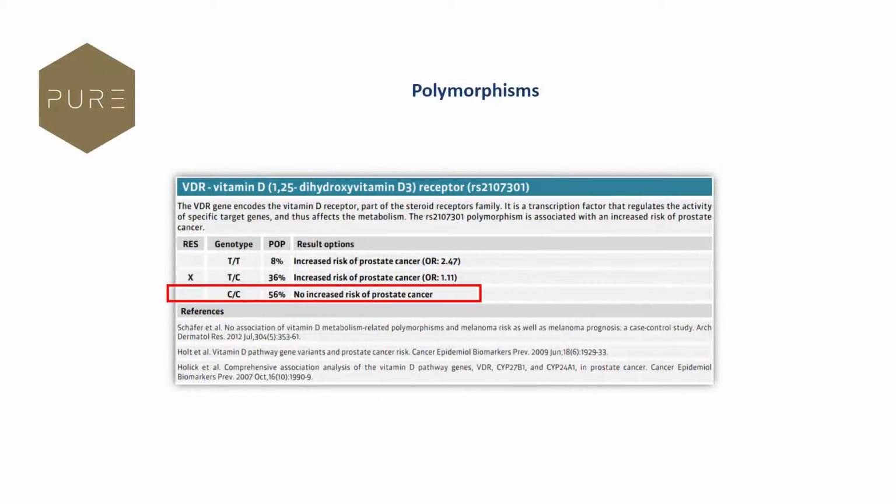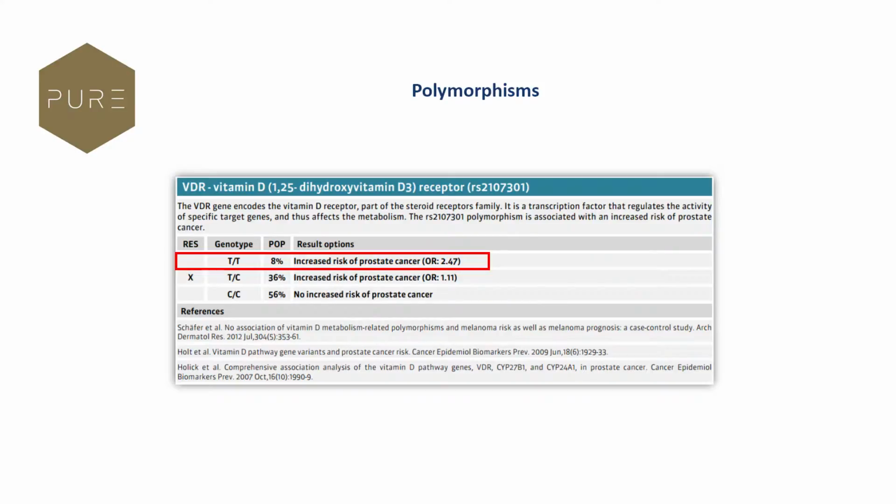The next gene, that's the vitamin D receptor. The body produces vitamin D when you are exposed to sunlight. And the vitamin D receptor is necessary to recognize this vitamin D, to let it establish its function. So 56% have 2 Cs in the vitamin D receptor gene and have no increased risk. 36% have a 1.11-fold risk, so 11% higher.